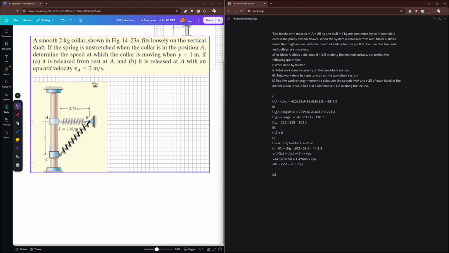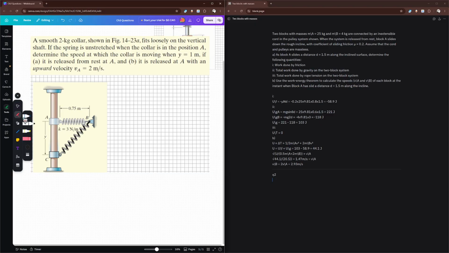So we have 2 scenarios here, right? So also, we need to read here smooth and fits loosely. This means there's no friction. Friction is little f. No friction in this problem, which helps us immensely, right?